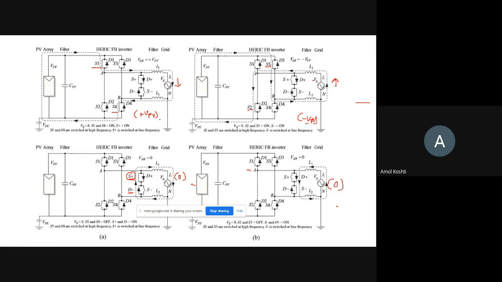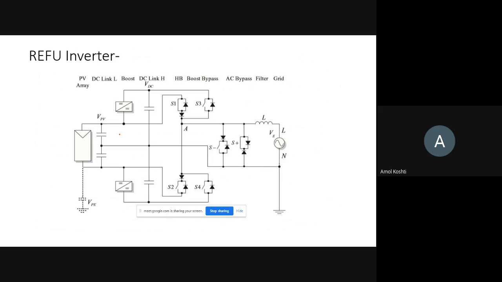This Herrick inverter makes a claim that we get better performance as compared to the previous two systems. So this is again a modification of the basic H bridge inverter. Now this is one more topology which is again modified from the H bridge, and again output is produced.